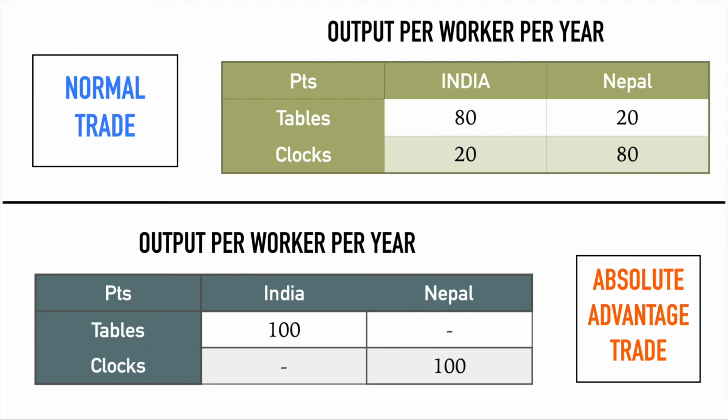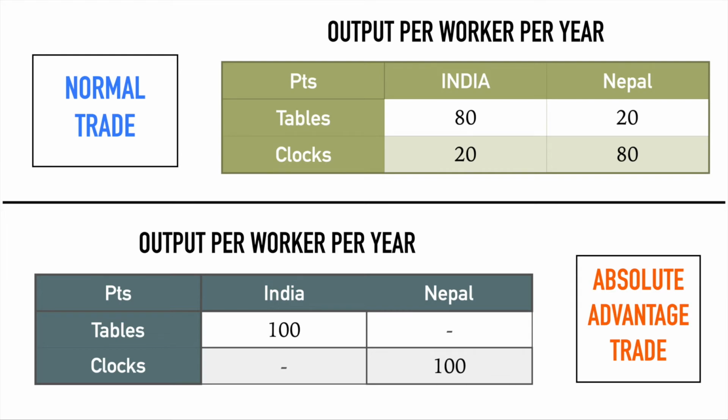Now here's a quick example for you. There are two examples over here. The first one is on normal trade, where we have two items, tables and clocks, and two countries to compare. India, and Nepal. The basis of this production is output per worker per year. So one laborer, how much can he produce throughout the whole year?